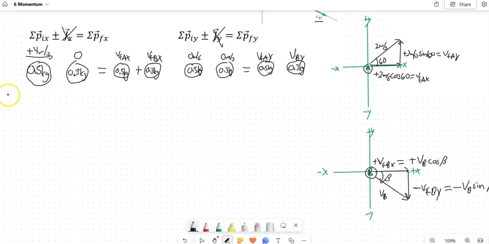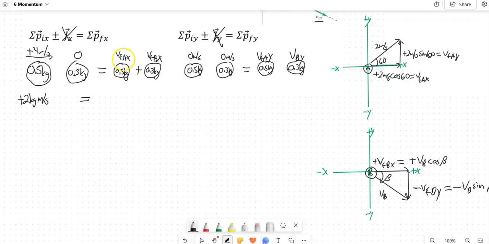All right, let's start putting some numbers in here. This is going to be 0.5 kilograms times 4 meters per second, so that's positive 2 kilogram meters per second. I'm just going to ignore the 0.